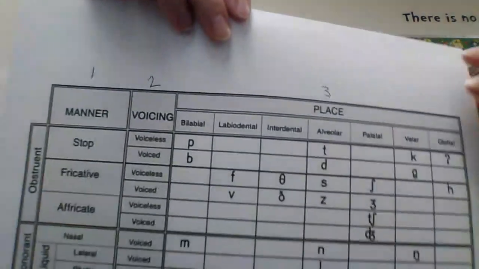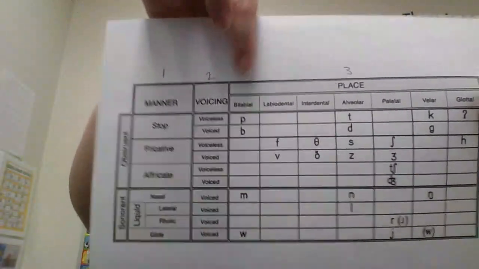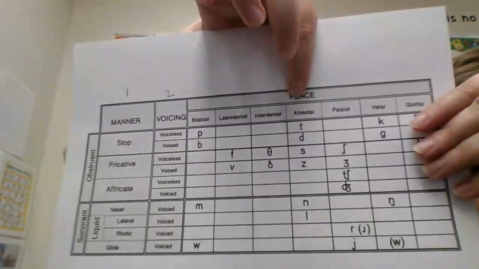I'm going to have this chart up in my classroom somewhere, so that if you are ever curious about a consonant, you can always ask me, or you can look at this chart. Again, we have our manner, our voicing, and our place. And these symbols are the phonetic symbols, something that I use as an SLP when I'm writing phonemes in my reports.